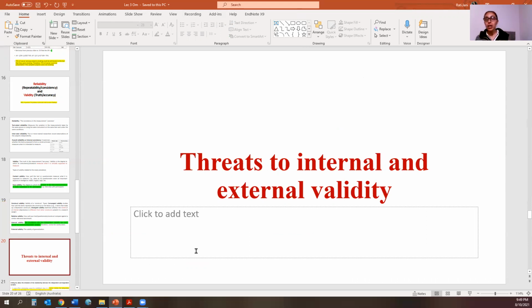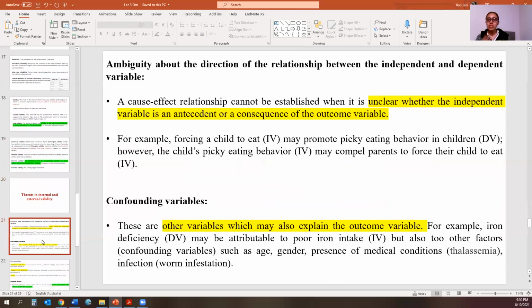You can't address all of these threats, but good research demands you to acknowledge these threats. Okay, so there is a difference. There are certain threats which you can control, modify, reduce, or address. But then there are other threats which you can't really do anything about, and you just have to acknowledge them. Okay, so now let's look at these threats.